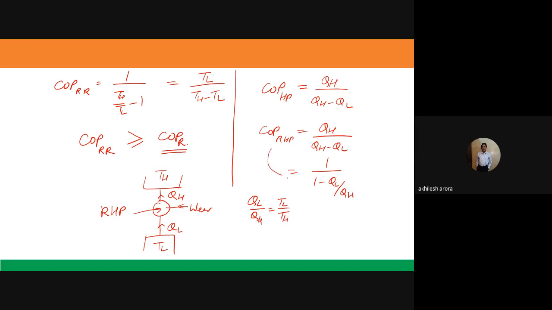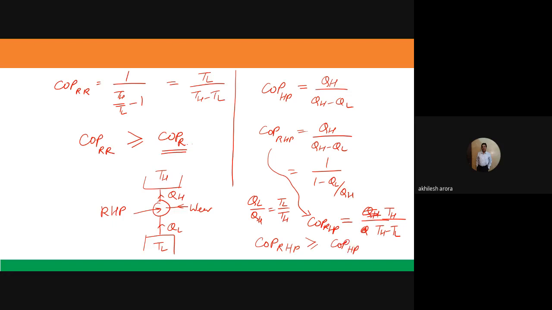So from here, the COP of a reversible heat pump is equal to TH divided by TH minus TL. And once again, I will say that the COP of a reversible heat pump will be greater than or equal to the COP of a normal heat pump.